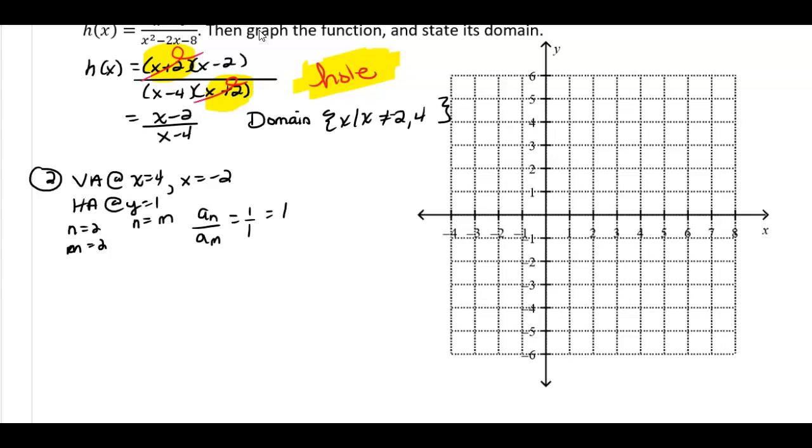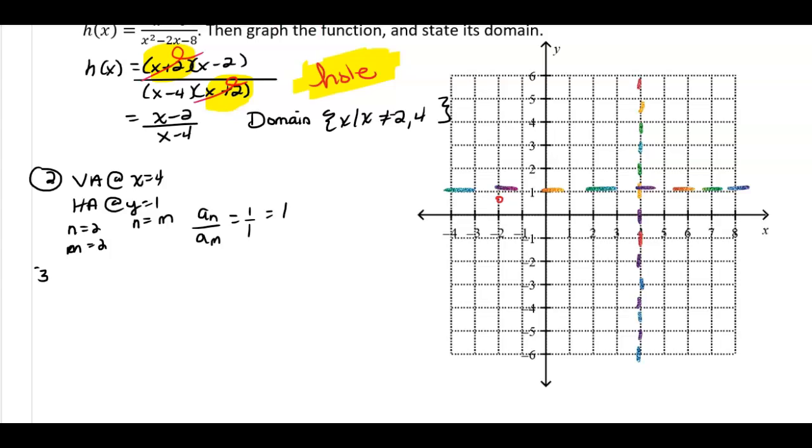So whenever I put in negative 2 for x, that is where my hole will be. So my hole in this case is going to be 2/3. So over here, I'm going to put a hole at negative 2, 2/3. All right. Vertical asymptote. That is our hole. So the vertical asymptote is just at 4. We have a horizontal asymptote at 1.